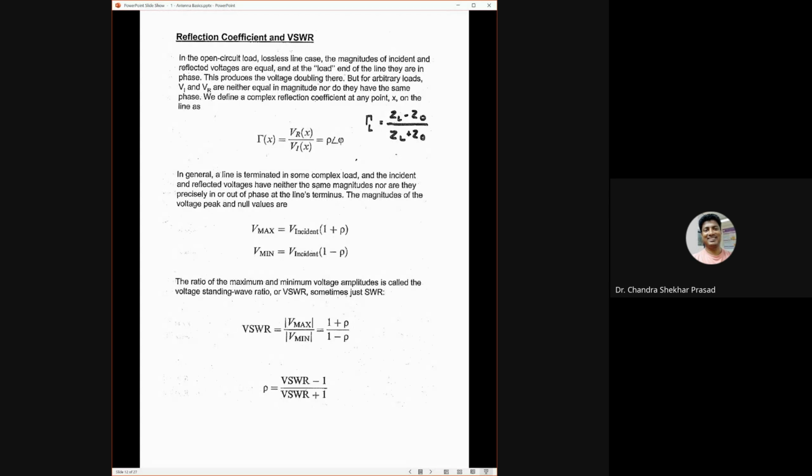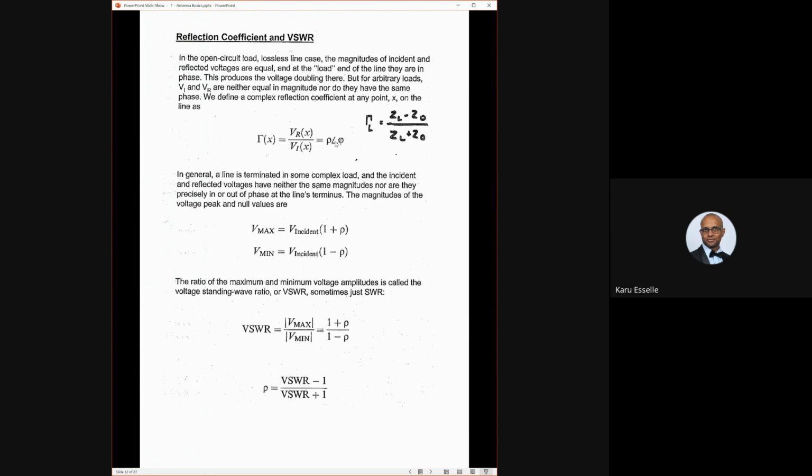Yes, we have been. Yeah. So that is basically what I'm saying. You have seen this, right? Vmax and Vmin. Next time when you do the experiment, you can see it, and from that you can calculate this, and then from that you can calculate the reflection coefficient.